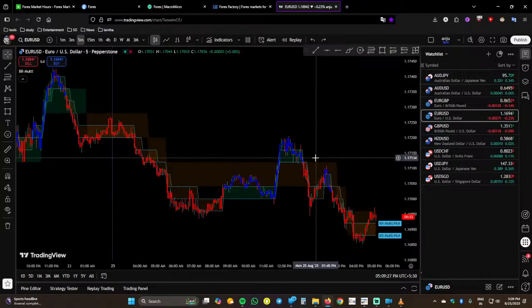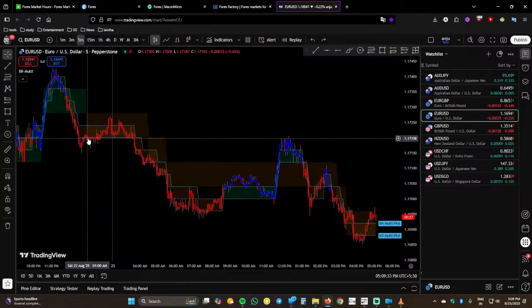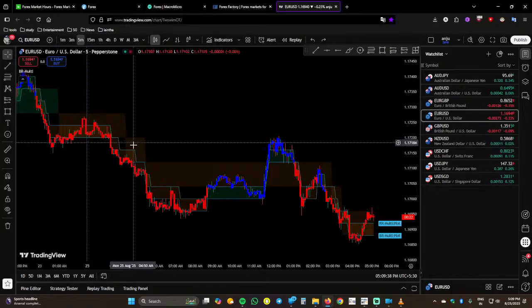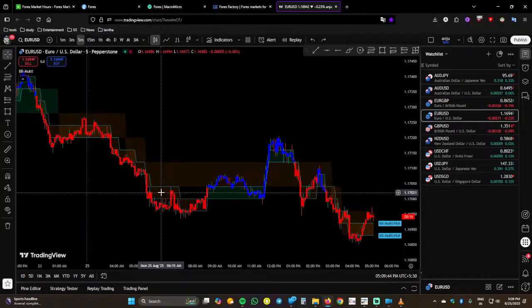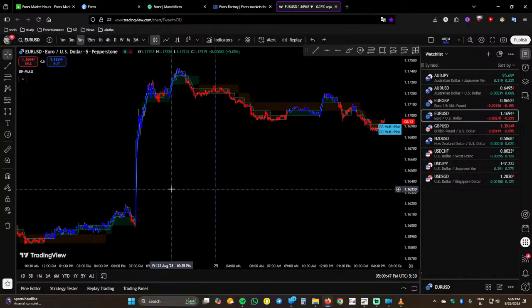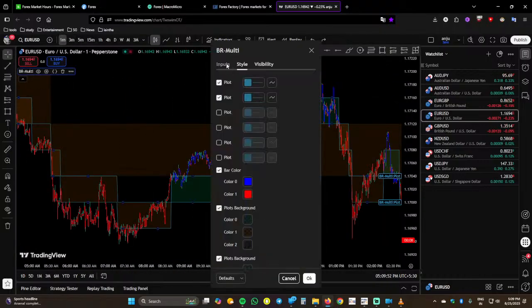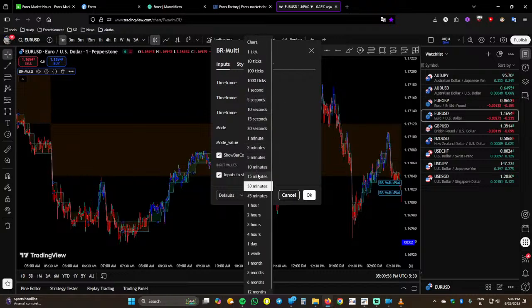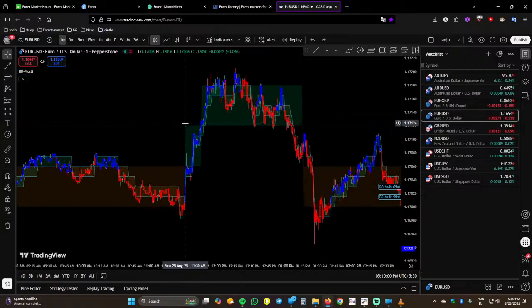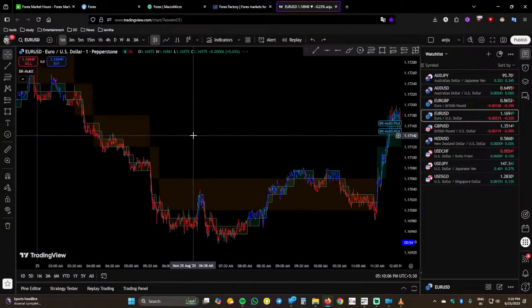After I get the higher time frame Renko level, I can just follow the lower time frame level and take trades based on that. Simple as it is. Very simple to explain. But it depends on the time frame which we are looking at. It always depends on the time frame.